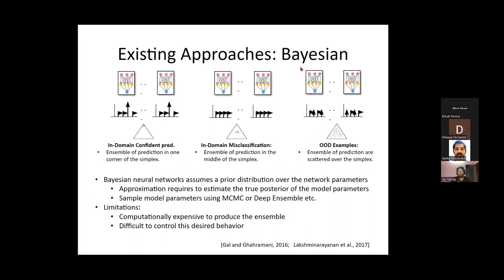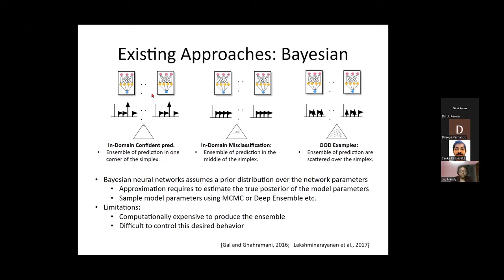In the Bayesian approach, there can be a distribution over the representations. The simplest Bayesian approach can be a deep ensemble model. So instead of taking output from only one neural network, you train a set of neural networks and take the output from there.